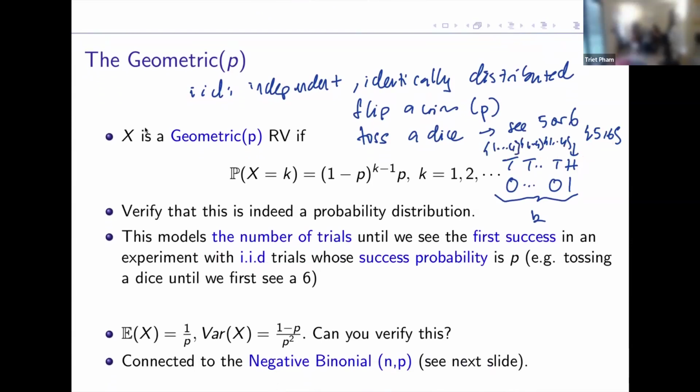Is that okay? So all of these are geometric random variables, waiting until you see the first success, however you want to define that success in an IID experiment.